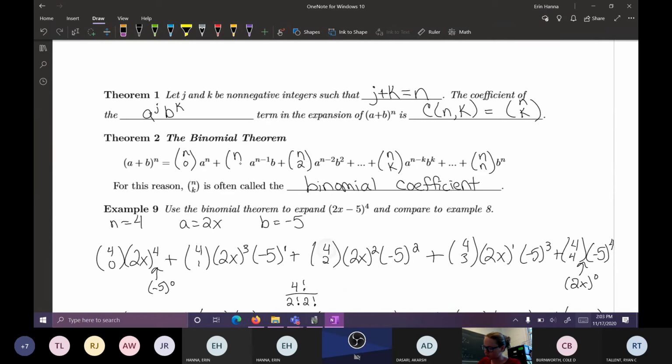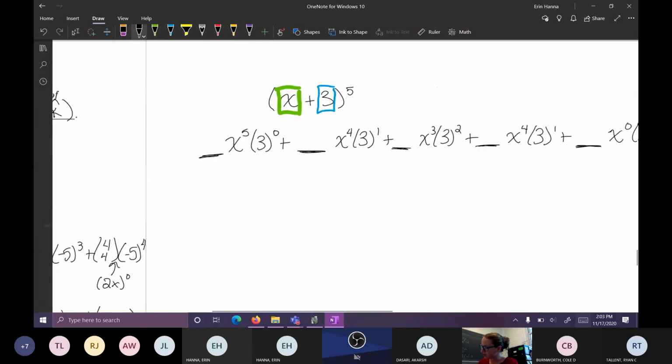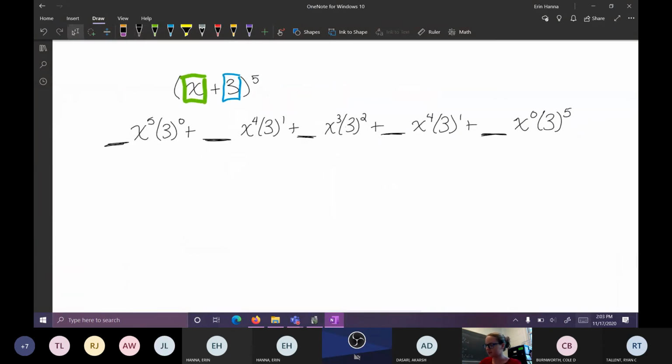Since we're taking it out to the 5th power in this example, it's always going to be 5 choose something in the front of all of these. Start with n choose 0 and go up until you hit n choose n. So we'll have 5 choose 0, 5 choose 1, choose 2, choose 3, choose 4.